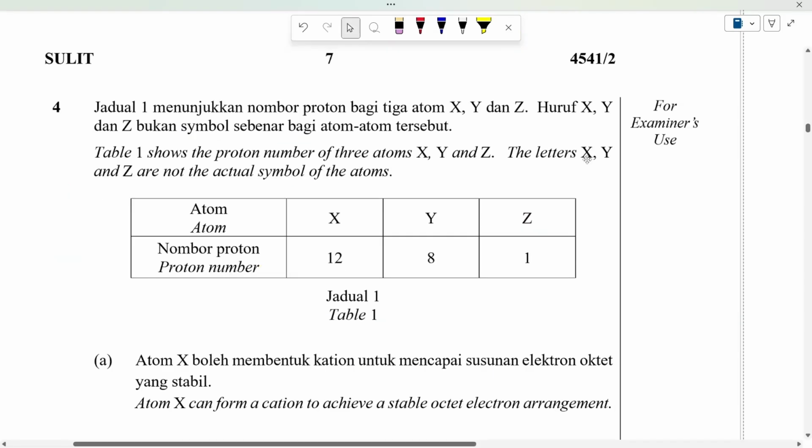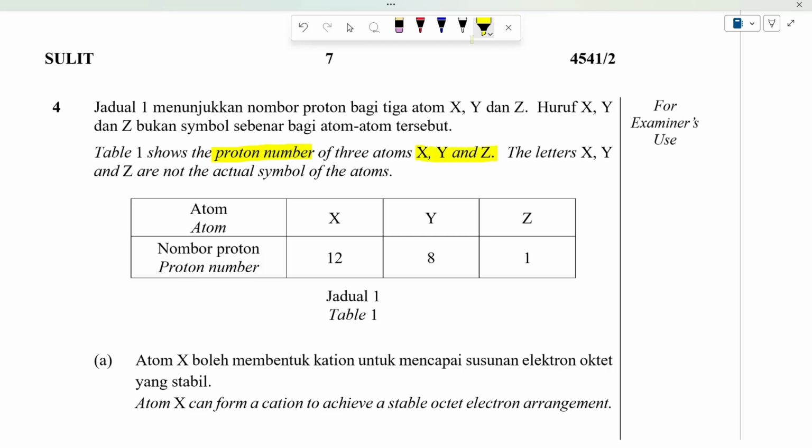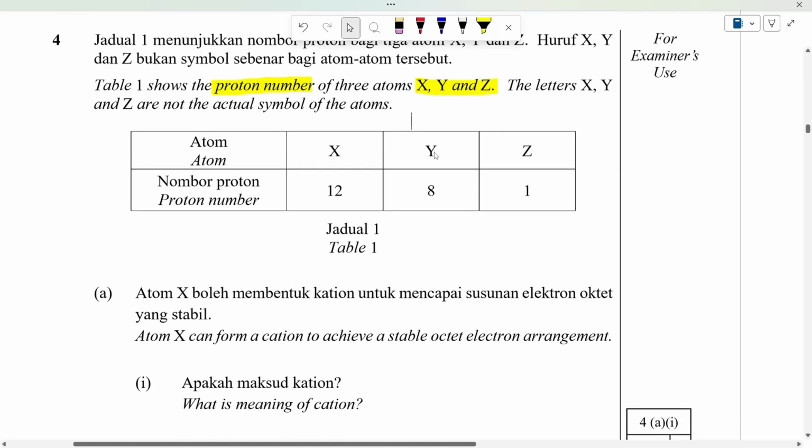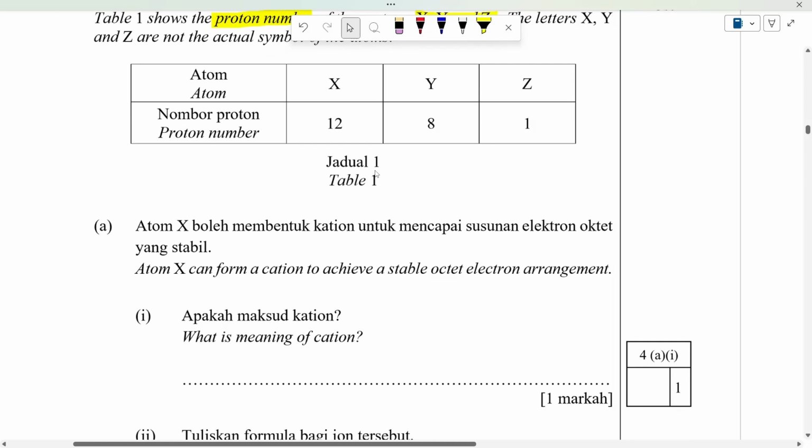Okay, class, now we continue to question number 4. This table shows the proton number of 3 atoms, X, Y, and Z. They are not the actual symbols. X, Y, and Z have proton numbers 12, 8, and 1. Before we continue, we can write out the electron arrangement first.